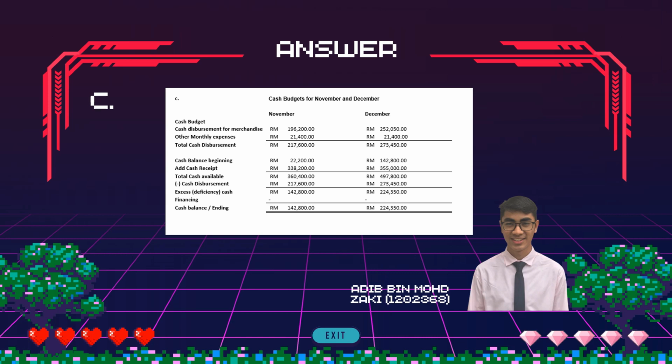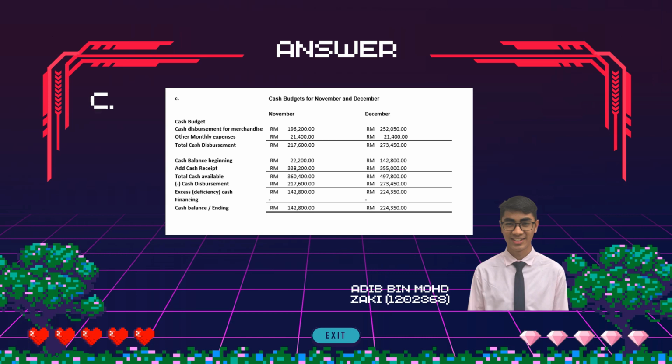Firstly, cash disbursement for merchandise, we add with other monthly expense, which is 21,400 from the question. For November and December, we get total cash disbursement of 217,600 for November and 273,450 ringgit for December.